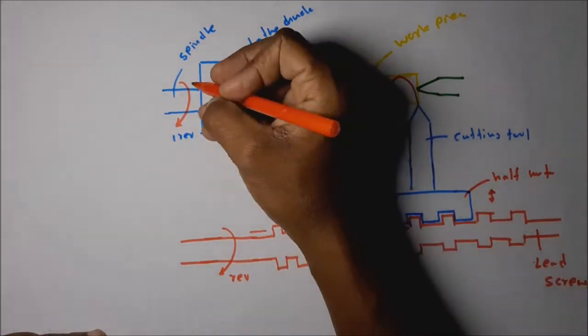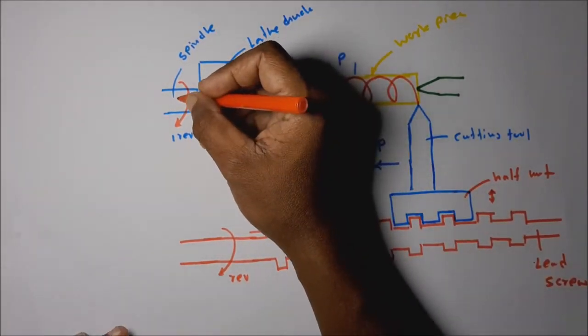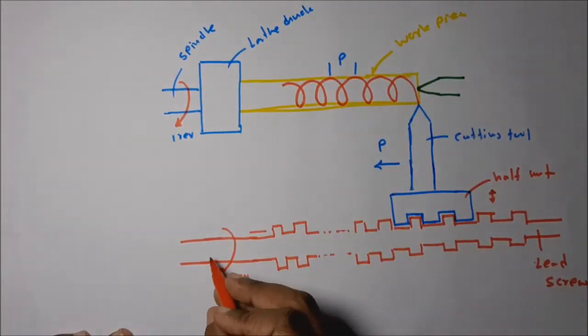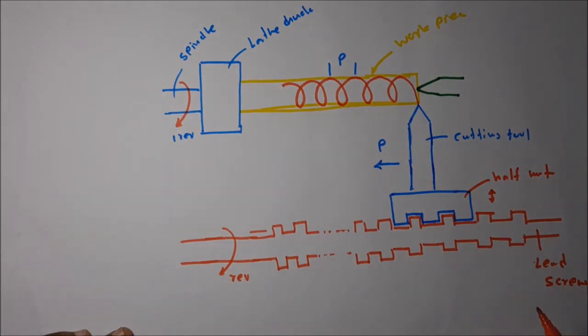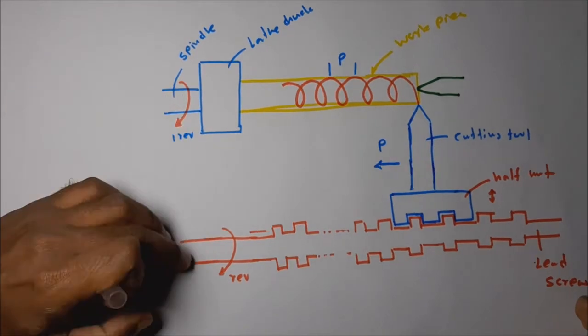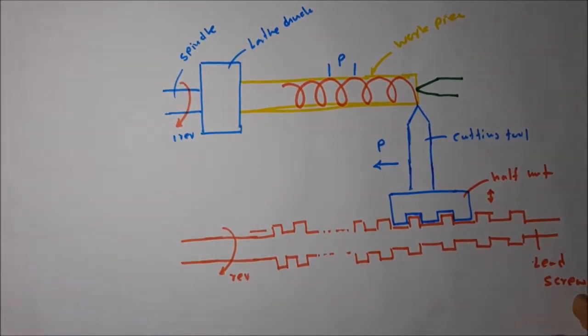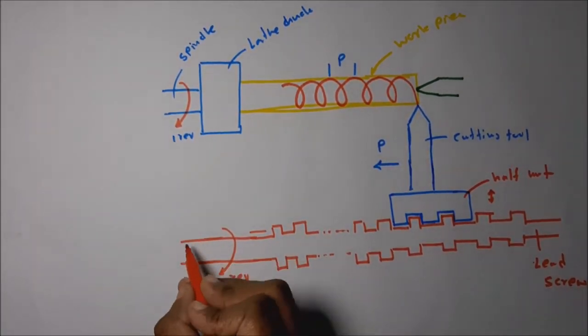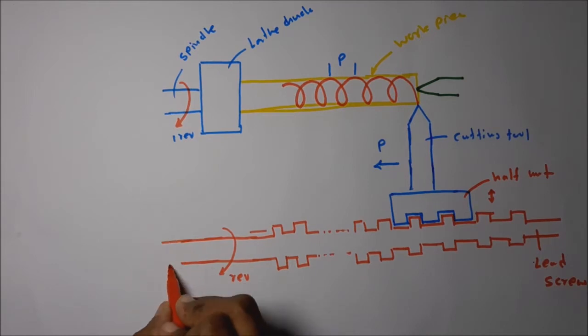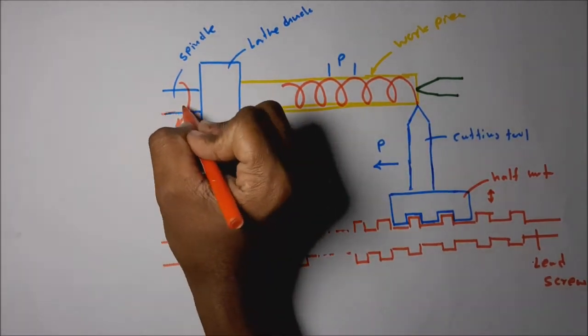What are the two rotary motions? Spindle rotation and the lead screw rotation. Now our problem is simplified to synchronization of two rotary motions. How do we synchronize the two rotary motions to a required ratio?